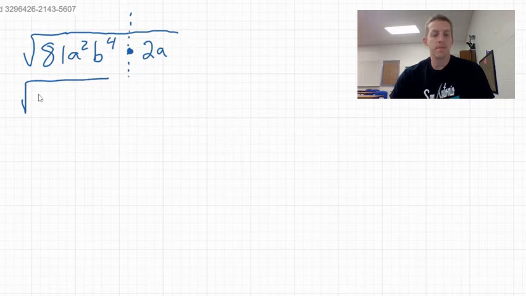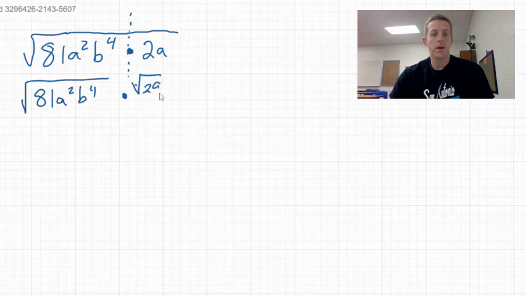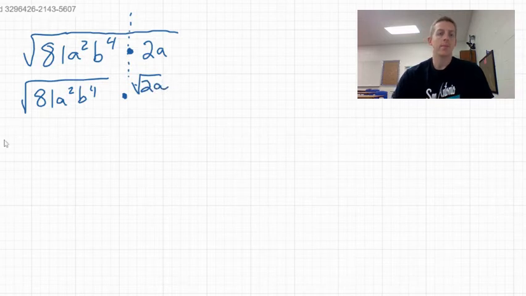So my first term here, square root of 81a squared b to the fourth, times square root of 2a. That looks like a 2, 9. I'm going to change that. 2a. There we go.